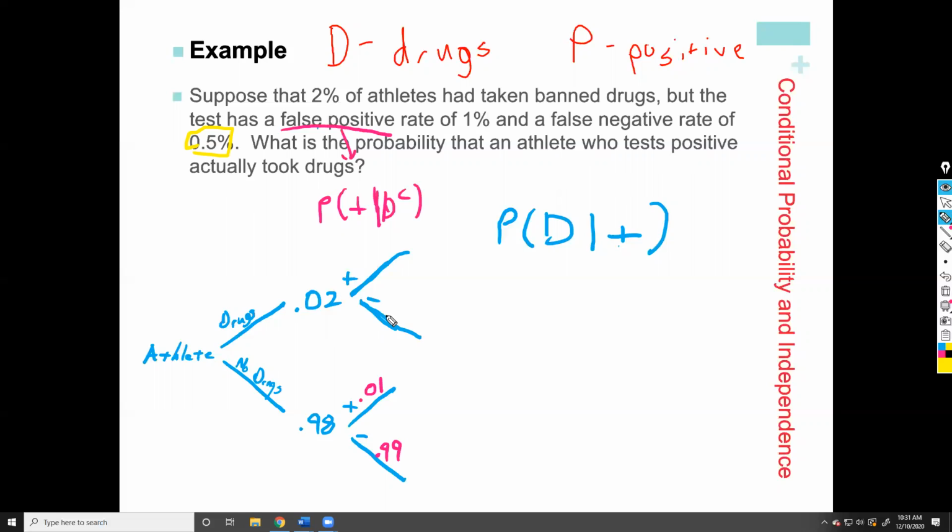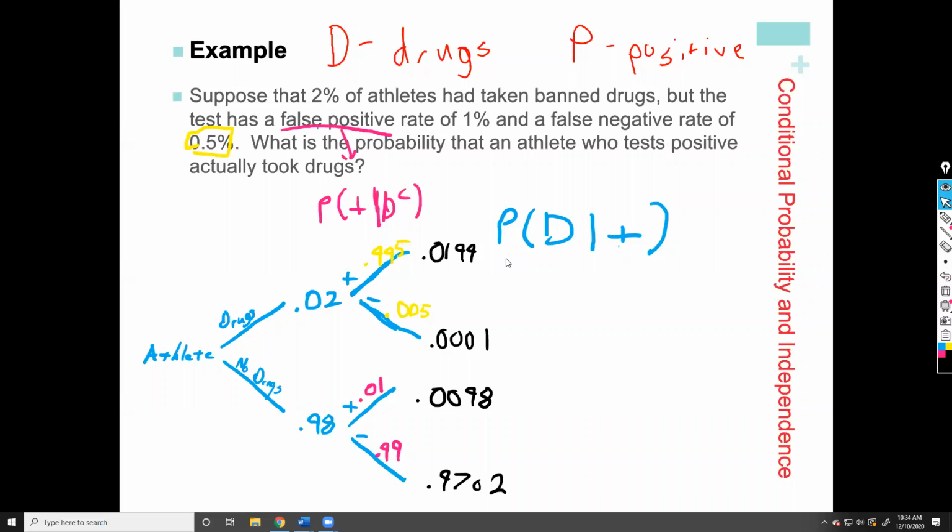So that goes in this branch. 0.5% is going to be 0.005, which leaves the rest of them to be our people who tested positive and took the drugs, which is what should happen. So now we multiply and get the ends of the branches of the tree.